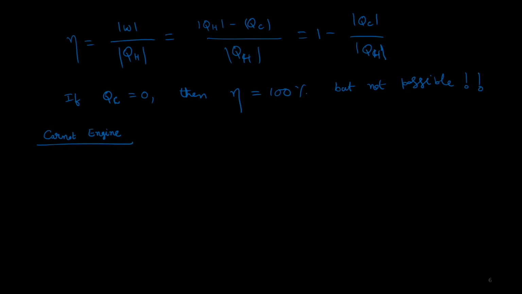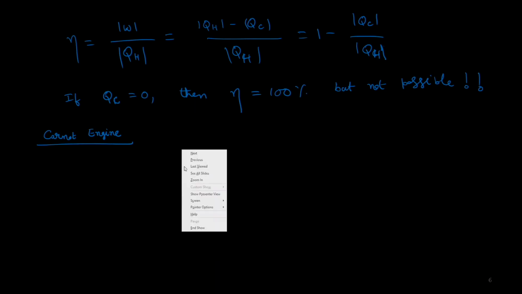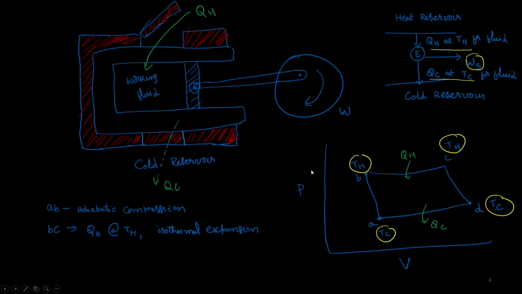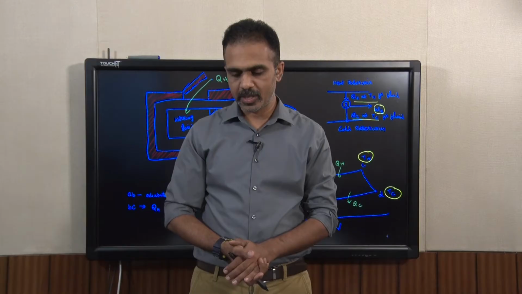A Carnot engine is something where all the processes occur reversibly. So if you look at this slide, we had 4 steps in the whole cyclic process. Each of these steps has to occur under reversible conditions, because reversibility will reduce the inefficiencies in the process.